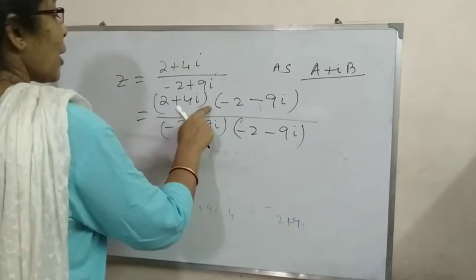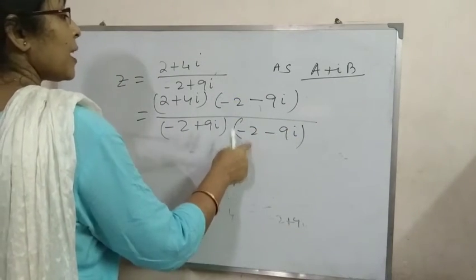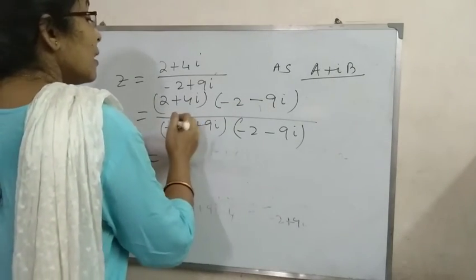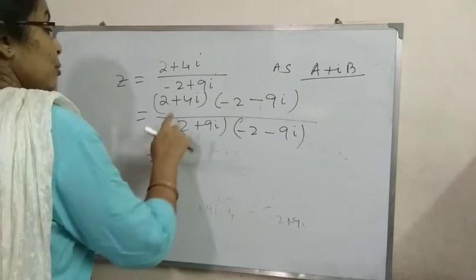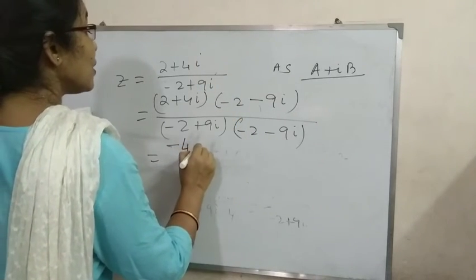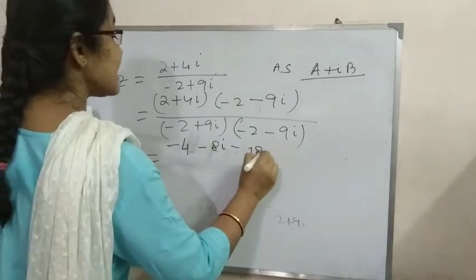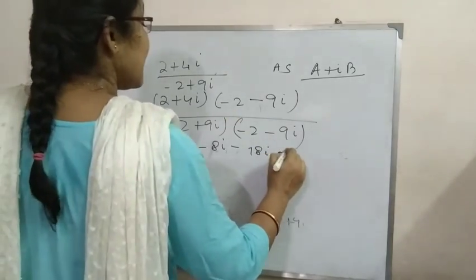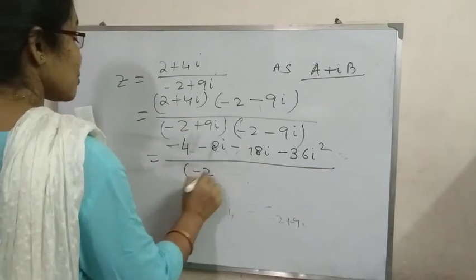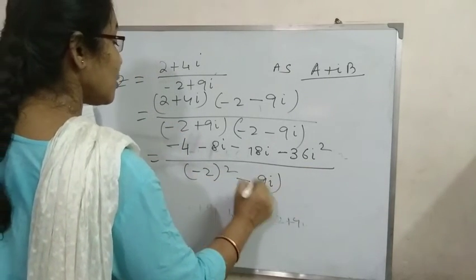That means I will multiply numerator and denominator by minus 2 minus 9i. I will do the simple multiplication in the numerator, that is minus 4 minus 8i minus 18i minus 36i square, over (minus 2) whole square minus (9i) whole square.